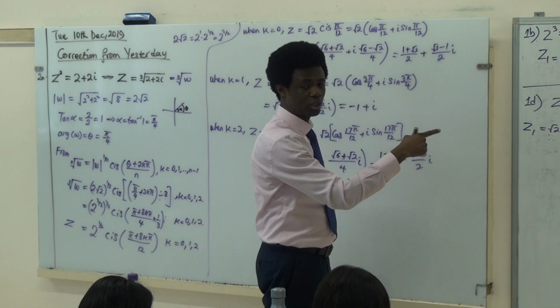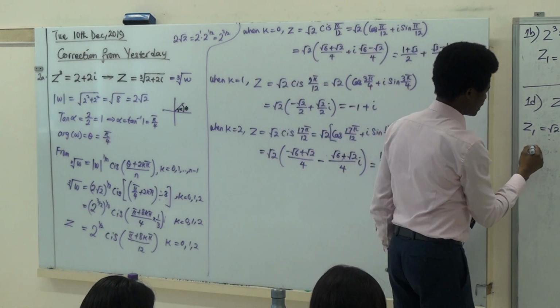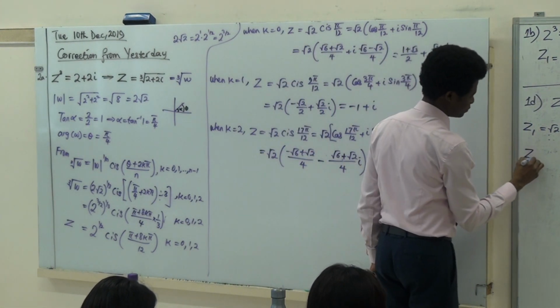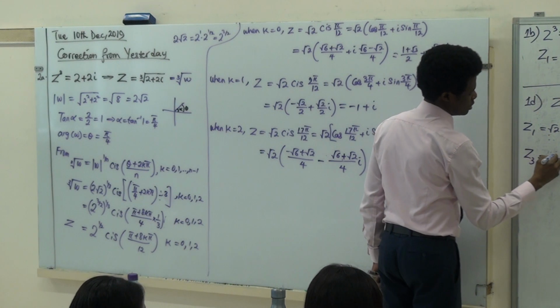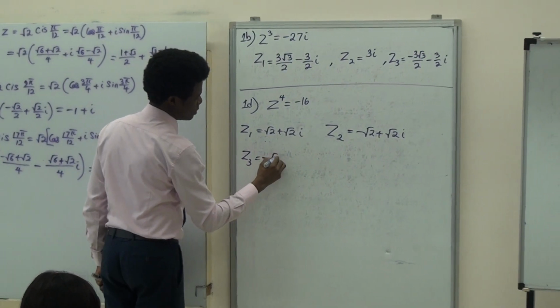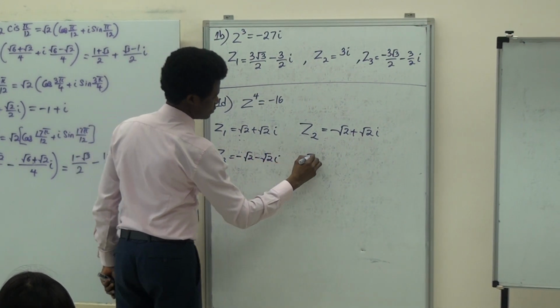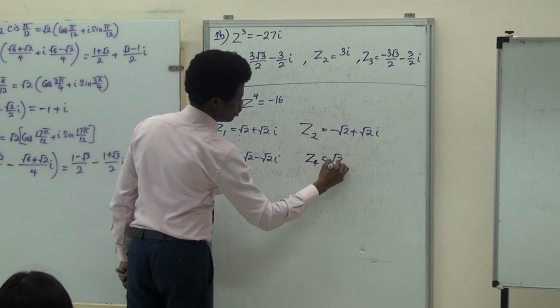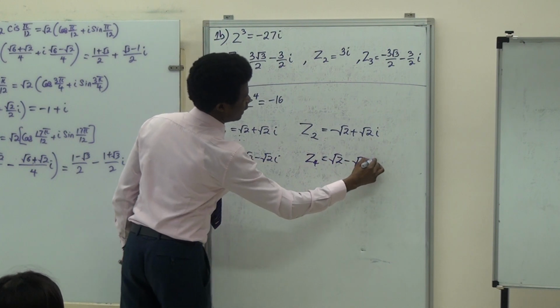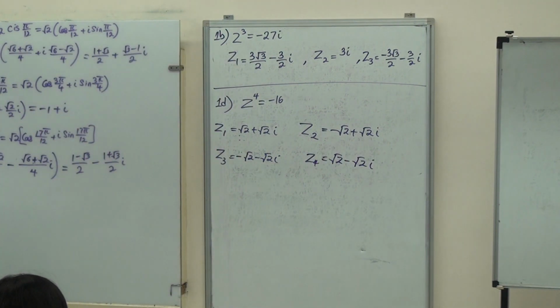Brandon, I don't think we can see this part. Z3? Negative root 2 minus root 2i. Yes. Z4: root 2 minus root 2i. Is that what you got? No. Why not? That's how I got it.